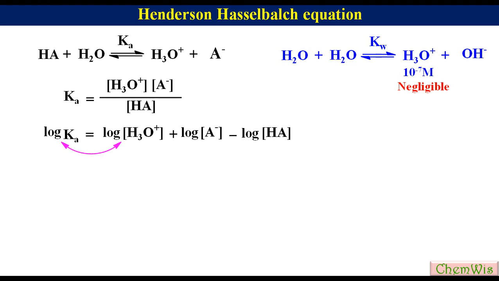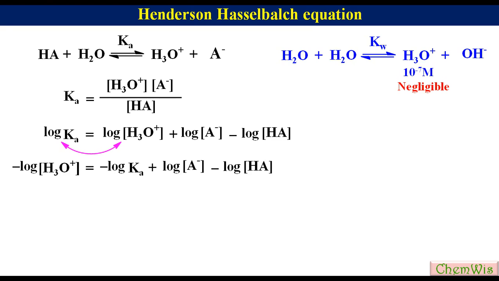Swapping the position of log Ka and log hydronium ion concentration, we will get minus log hydronium ion concentration is equal to minus log Ka plus log concentration of conjugate base minus log concentration of acid.